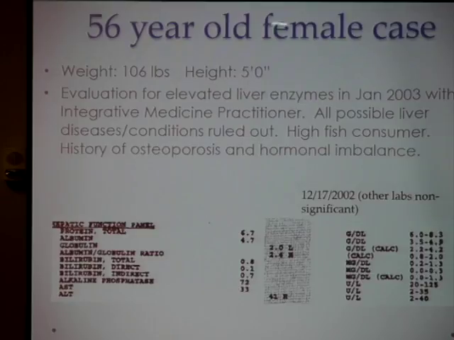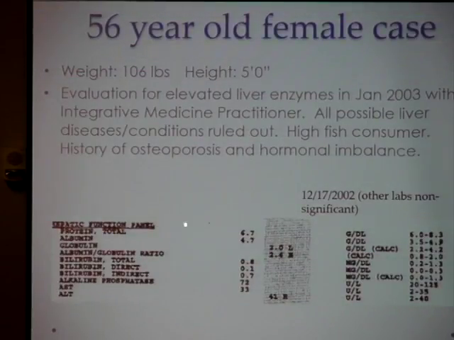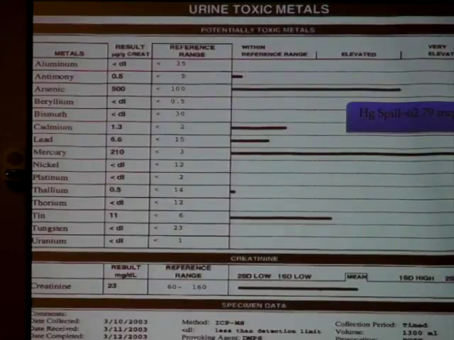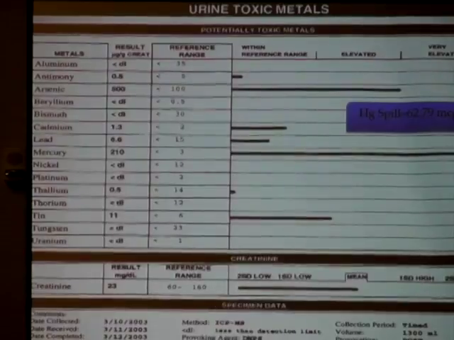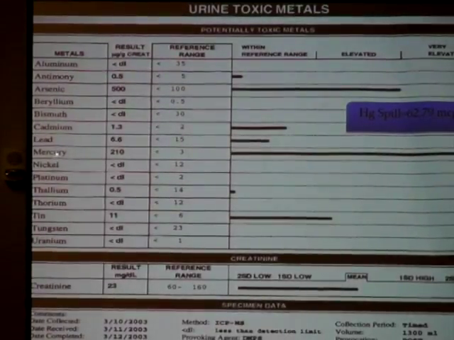This is another case I had of a woman whose only issue was elevated liver enzymes, and no one else could identify what that was attributed to. You see her ALT was 42. It's not that terrible. But when we do a post-provocation test, this is a woman who ate fish every single day for breakfast. You see that her post-provocation level of mercury is 210.